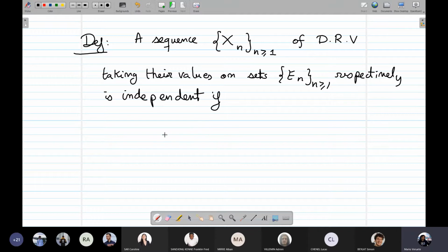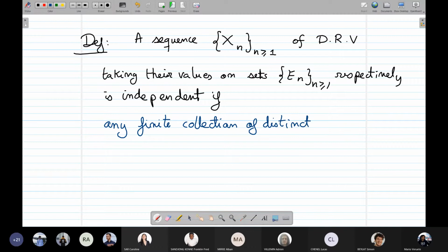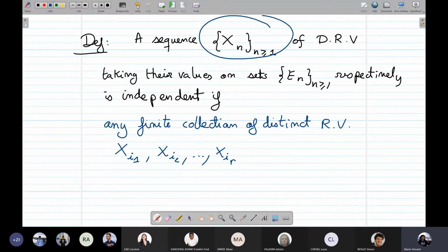if, and that's the difference with the thing before, if any finite collection of distinct random variables, X_I1, X_I2, and so on up to X_IR, so you take R random variables from this collection, you pick up R of them, is independent.